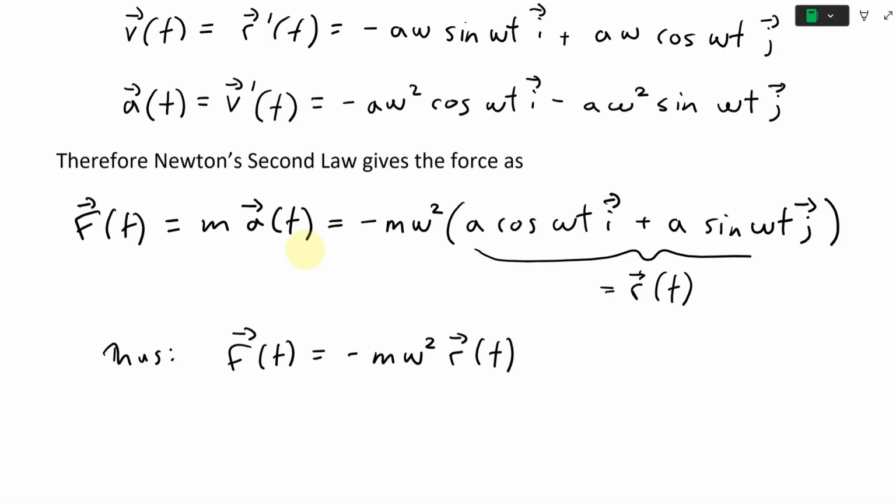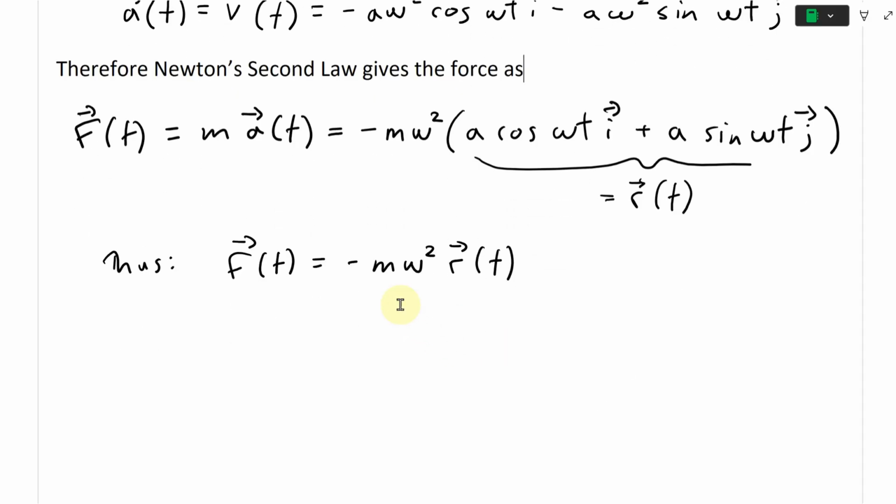So in other words, this is just the negative of a constant times the position vector. So if the position vector is going this way, then this is just going to be the negative of that. It's exactly parallel to it, but in the reverse direction. So in other words, it's always going inwards.